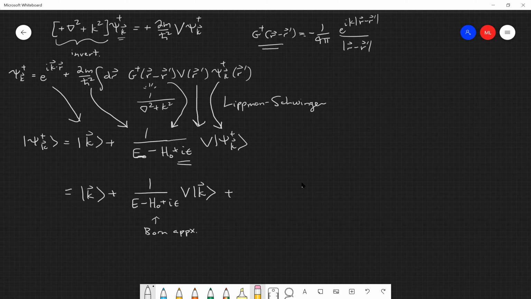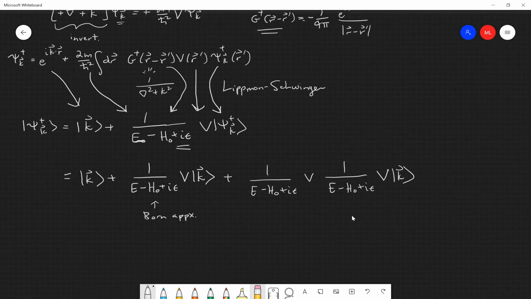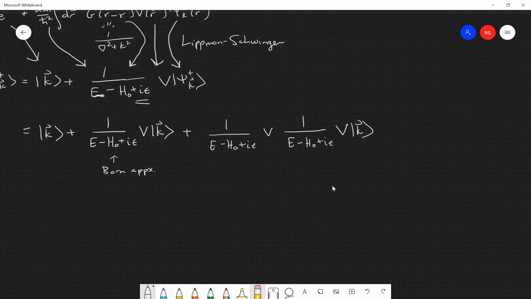But of course, you can go further. You can now substitute in this whole thing into psi of k, and you would get the next order in this Born series, as it's called, which would just be two of these propagators put in there, and you can keep going. You can add more, and there's even a graphical representation for this.